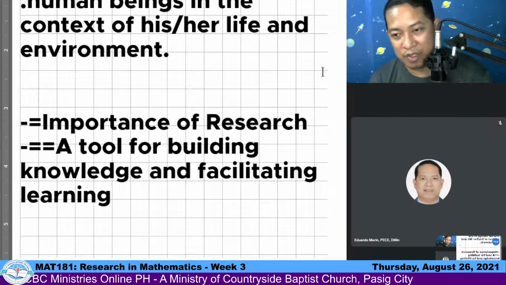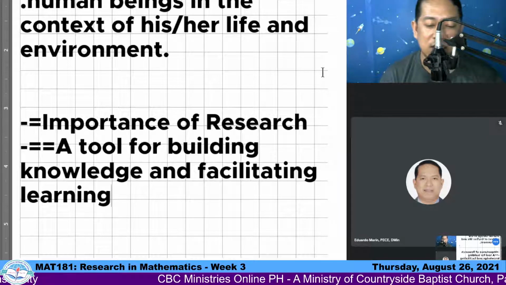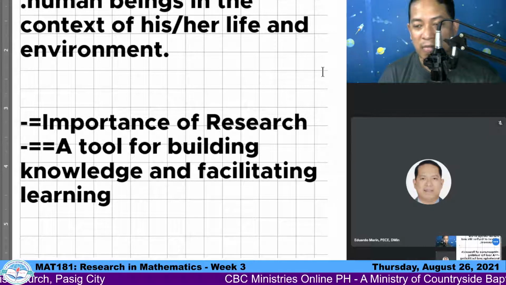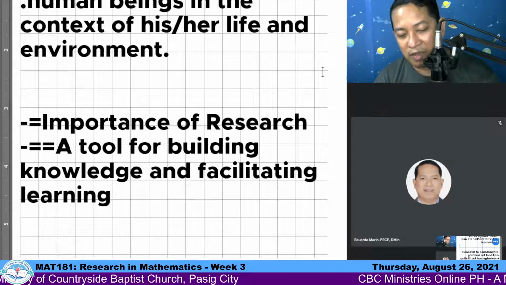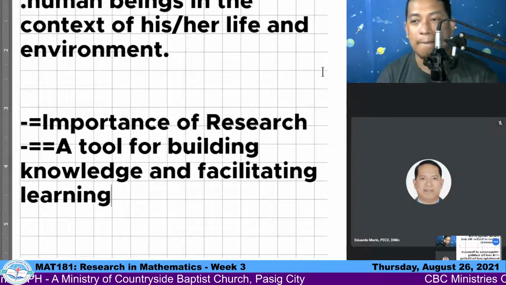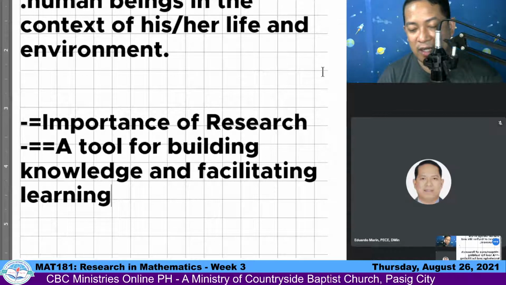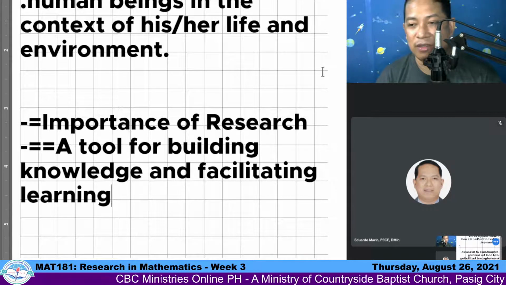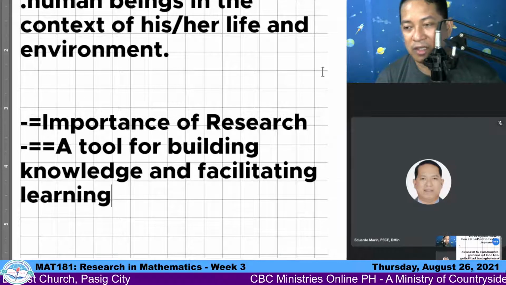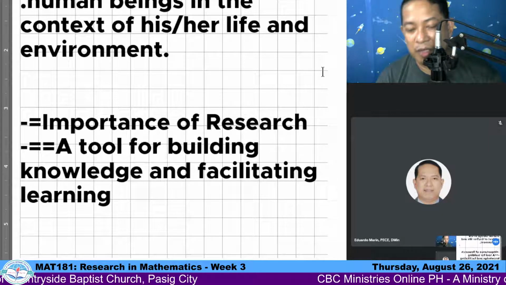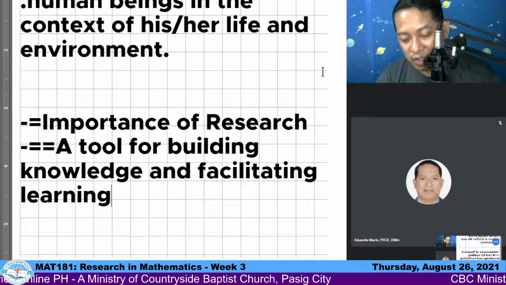Sometimes these firms are sending their employees to undergo graduate and postgraduate studies, their MS and their PhD, so that when they return in service, they will apply this body of knowledge to their own company. Sometimes this is what we call the academic-industry linkages. So yung company sending out their highly proficient employees, doing some research and applying this body of knowledge to their own context or situation.